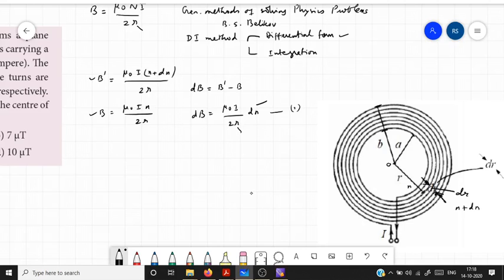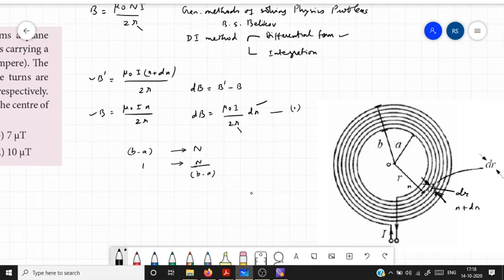Therefore, in a distance of b minus a meters, the number of turns is n. So we will find the number of turns in unit distance. For 1 meter, the number of turns will be n by b minus a. Are you following this?